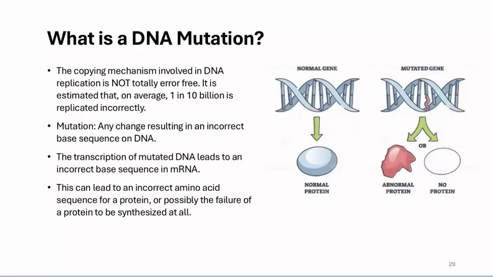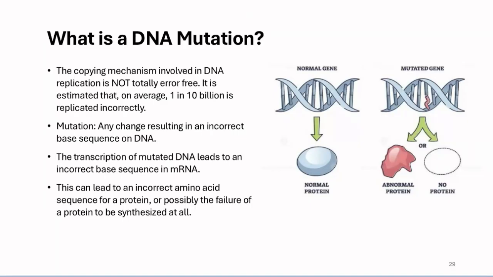Now let's learn about DNA mutation. During the process of DNA replication, some errors could occur. It is estimated that on average, 1 in 1 billion of the different DNAs could be replicated incorrectly. As you can see, these errors happen in very few instances, but they could occur.